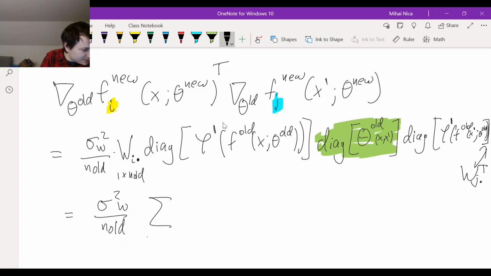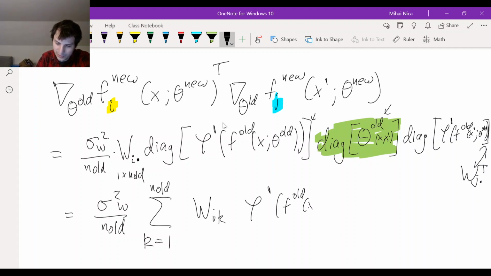So we're going to use the letter k. K equals 1 to n old, and we're doing the sum over w_ik over here. And we have a bunch of diagonal matrices. So when you multiply by diagonal matrices, you're picking out the kth element of each of them. And the kth element of each of them, well, in this middle matrix, all the elements are the same. In this one, you get the kth component. So you get phi prime of f old of x theta old k, so the kth component of that vector.